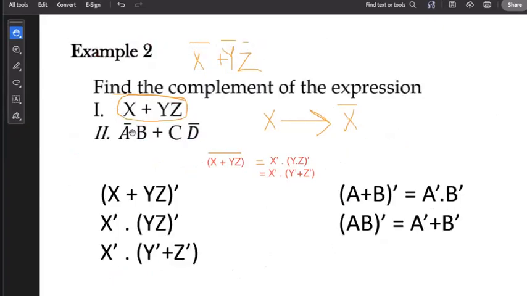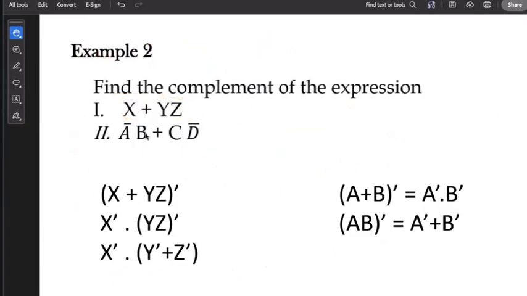Or just try A bar B plus C D bar. How will it work? Let me clear all the other annotations. You can have a look. For the whole expression, we have to get the negation. So it is going to turn out like (A bar B plus C D bar) whole thing bar.